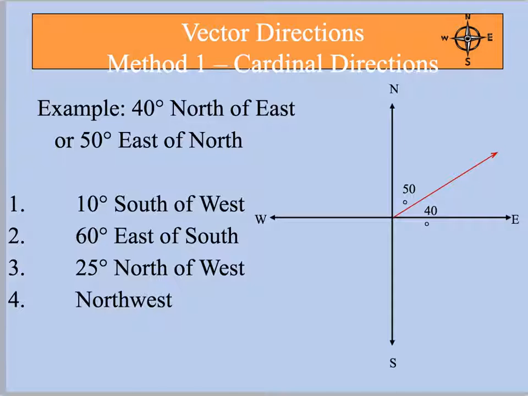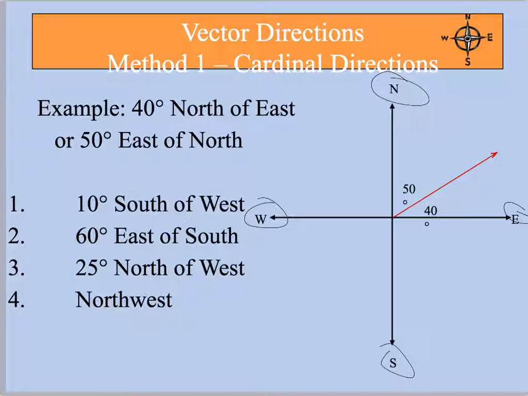Now, of course, there are many ways that we can identify direction when we are discussing vectors in physics. And one of the ways that we can describe a direction is cardinal directions. So over here you see a compass. We have north, east, west, and south.